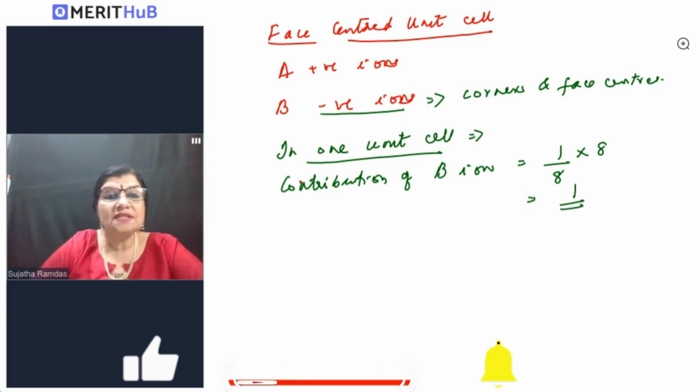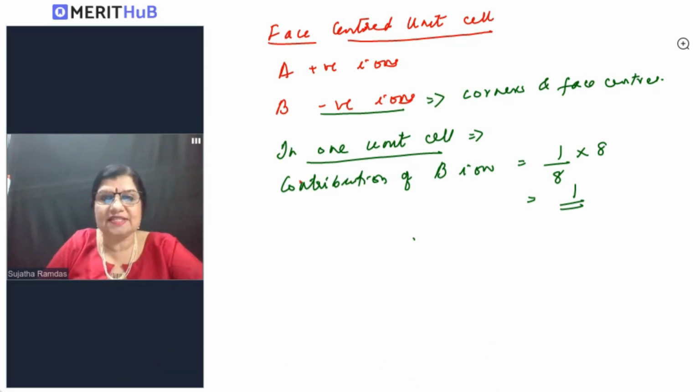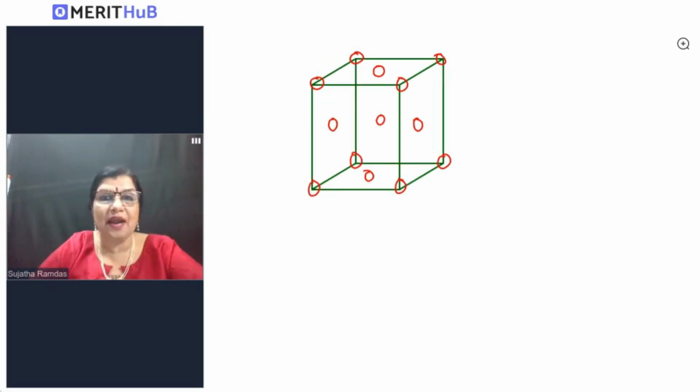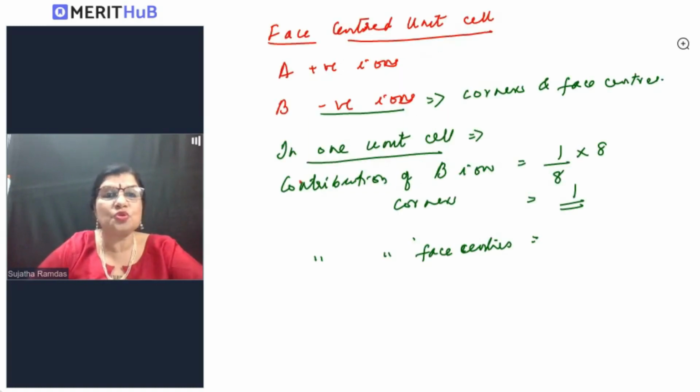So in one unit cell, what is the contribution towards corners? Next is the contribution towards face centers. Each face is shared by two unit cells. This face is shared by another unit cell. So there are six faces, and each face is shared by two unit cells. What is the overall contribution?